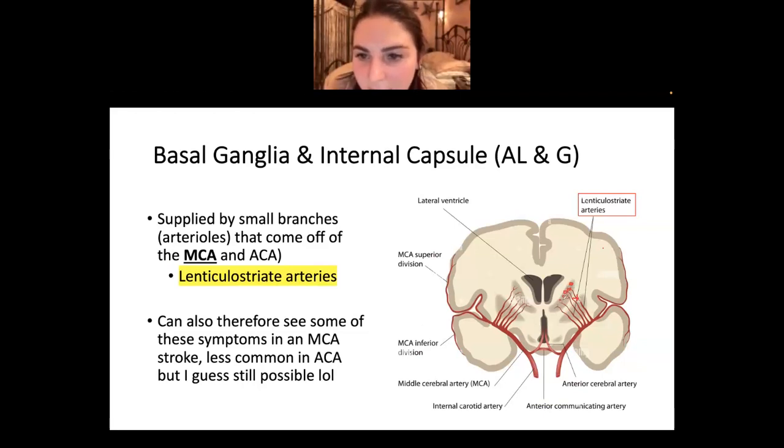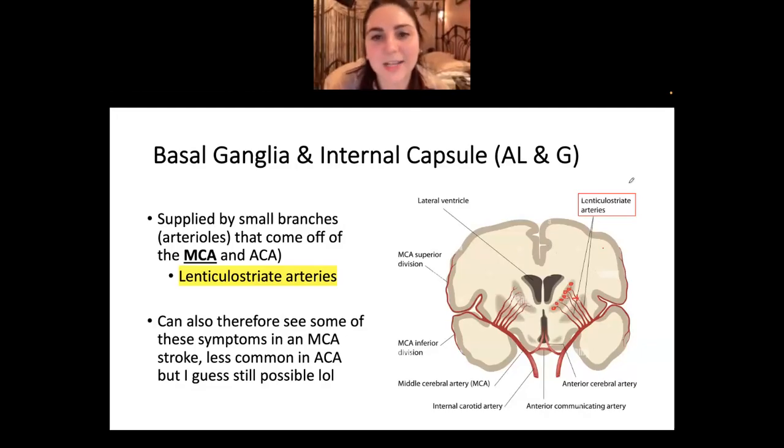They would get little mini infarctions that look like little circles, like this. And lacuna are basically little lakes. That's what a lacuna is. So whoever named this was saying we have these tiny little infarctions coming from these tiny vessels being taken out, and they look like little lakes. That's where the name lacunar strokes comes from.